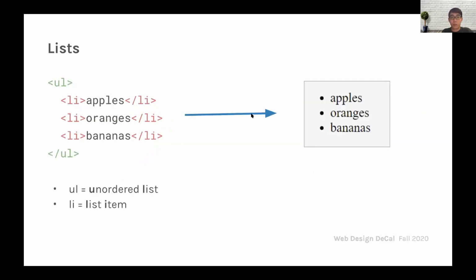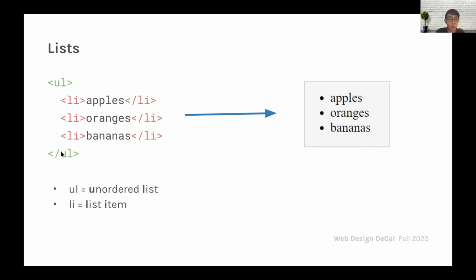Now, something else that is pretty often used, you may not notice it because typically it's styled in a different way than what you see here on the right, but they are lists. There's a number of different lists you can use. There's ordered lists, which would be OL, and unordered, which is UL. For our purposes here, we're using an unordered list.